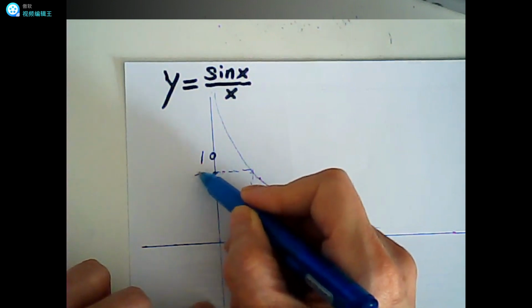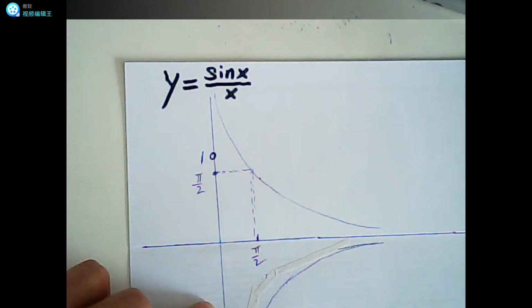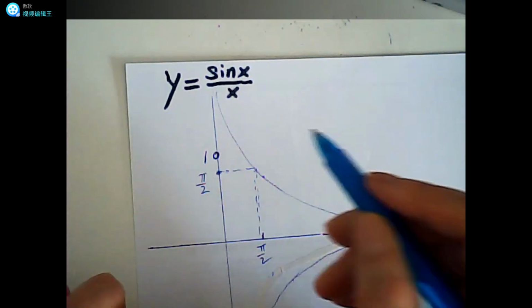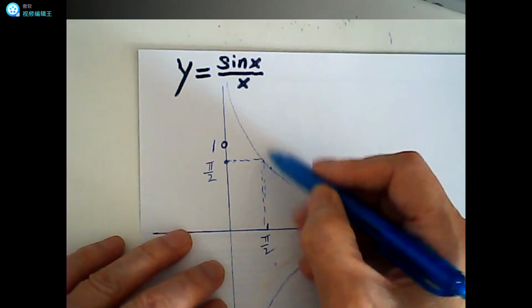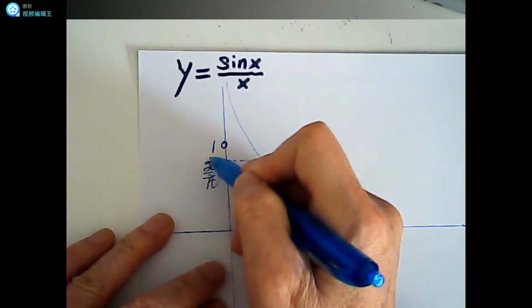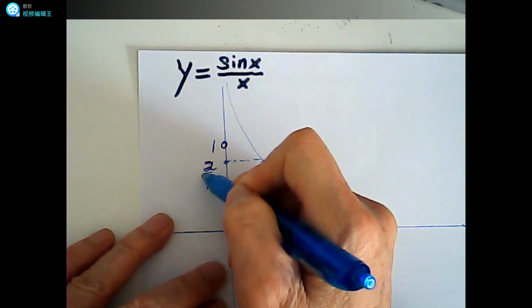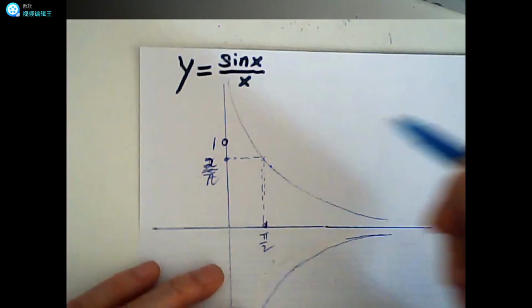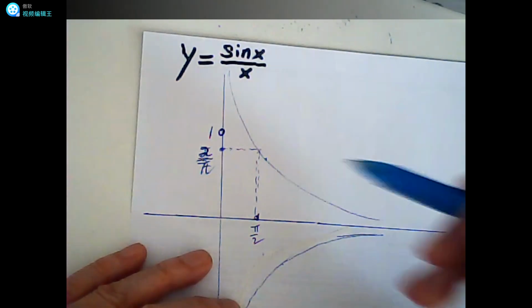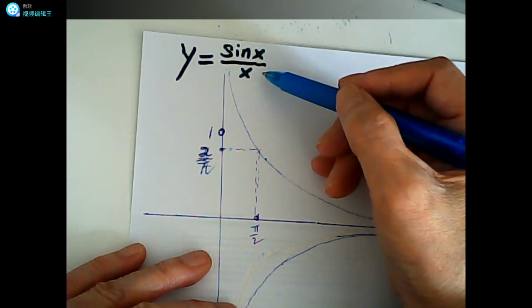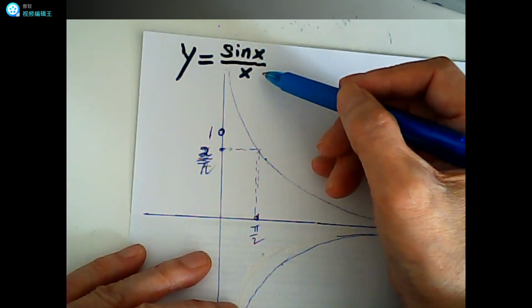No, I'm sorry, it's a reciprocal, so it should be 2 over pi. This is 2 over pi for x equal to pi over 2, because this is a reciprocal. That point is a maximum.